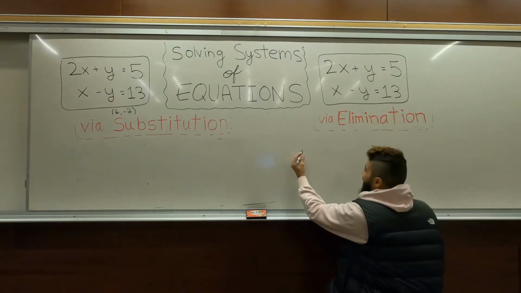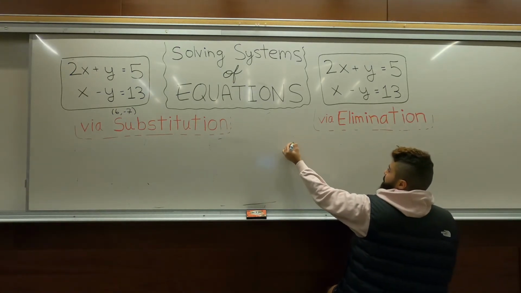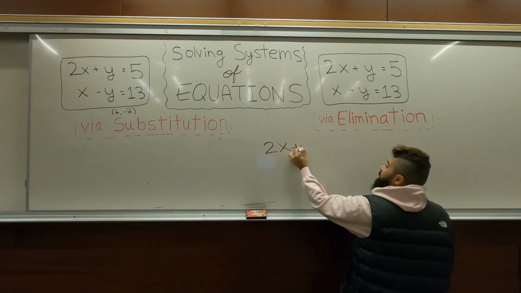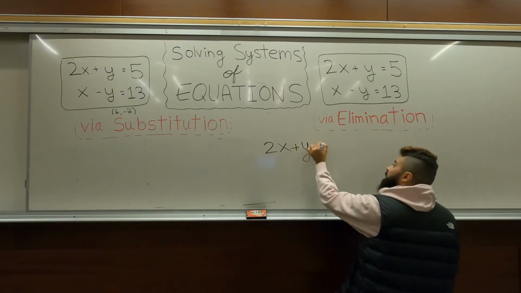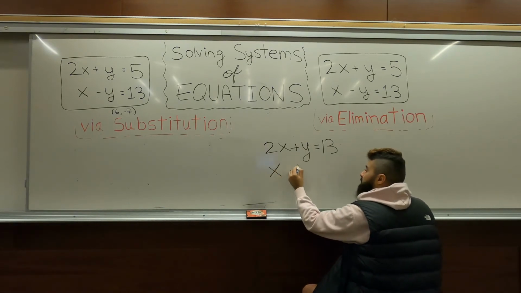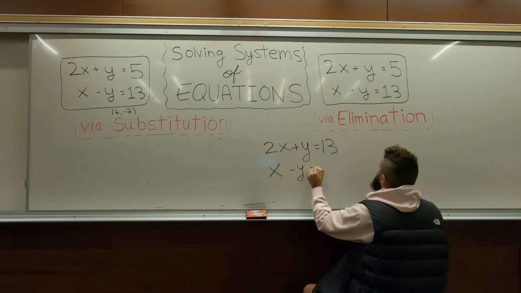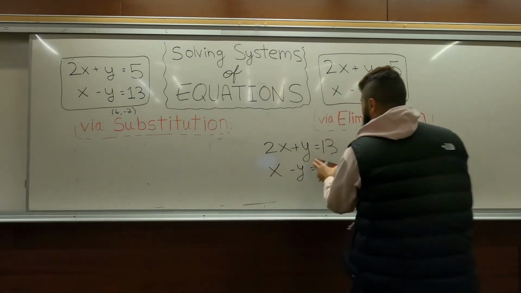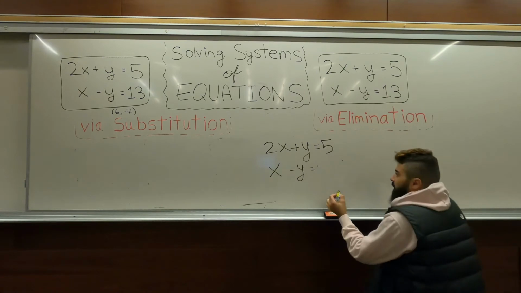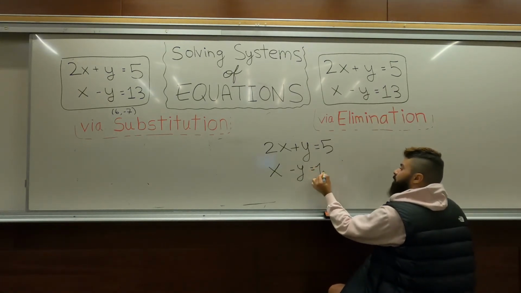So let's go ahead and add the equations. Just like you add numbers, you can add equations. So we have 2x plus y equals 5. x minus y equals 13 down below.